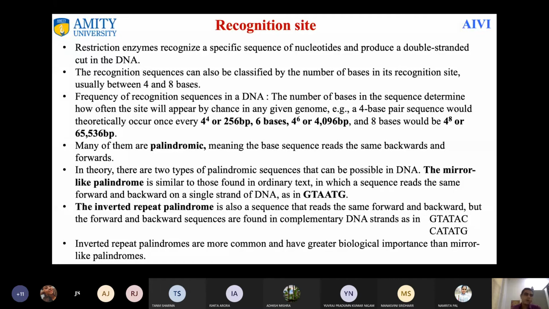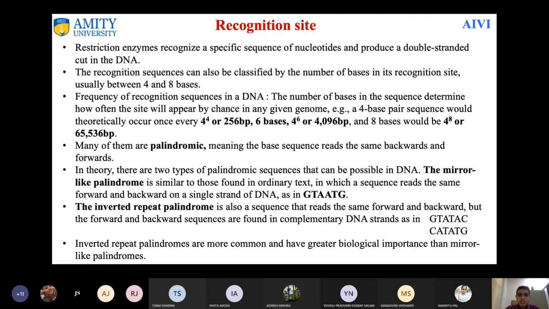Okay. So now we come to the next property of your recognition site: it is palindromic in nature. It is not true for all the recognition sites, but for most of the recognition sites, they are palindromic in nature. So what does palindrome mean?